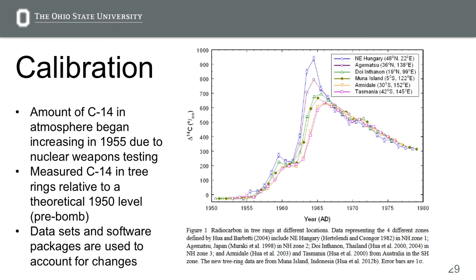But there's lots of things that go into this. Lots of data and software that you need to actually be able to quantify carbon-14. And something happened in 1955 that increased the amount of carbon-14 in the atmosphere, and it's given away here in the slide. This is when nuclear weapons testing was started. What you can see in this graph is carbon-14 on the y-axis and year on the x-axis.